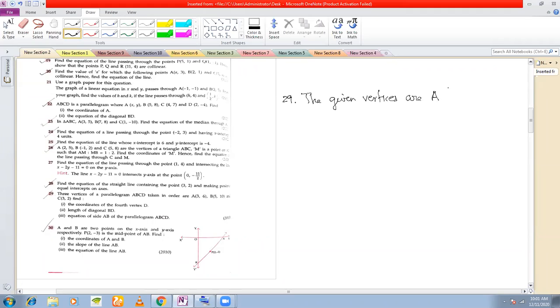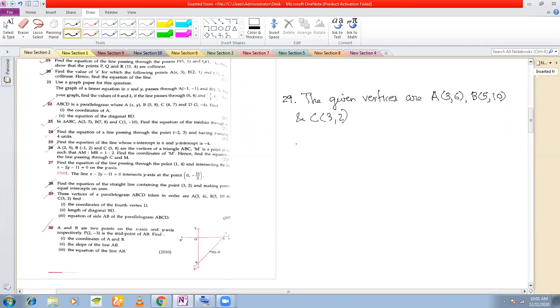A 3, 6, B 5, 10, and C 3, 2. These three vertices of the parallelogram are given.